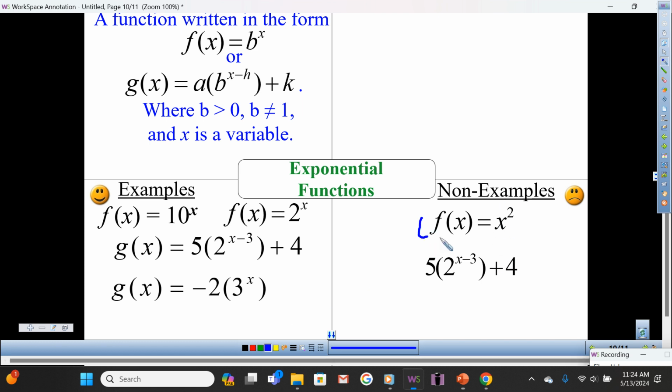All right, let's see this first one, Jay. Why is this one not an exponential function? In your own words, by looking at this one and this one that are, this one is not.